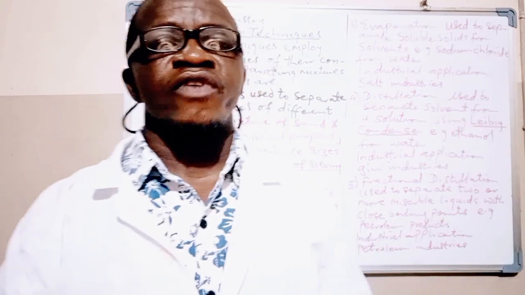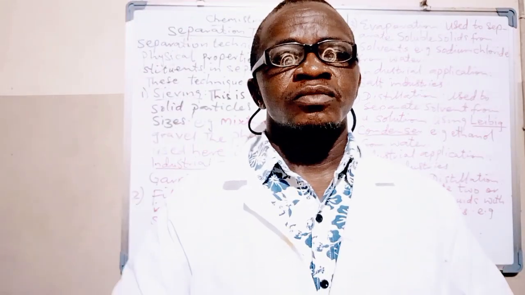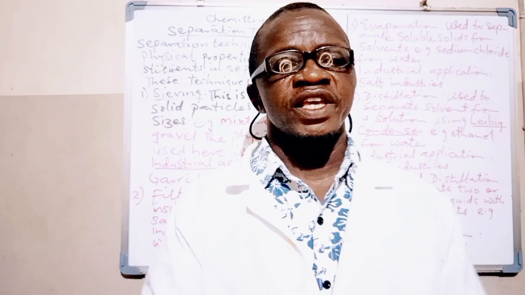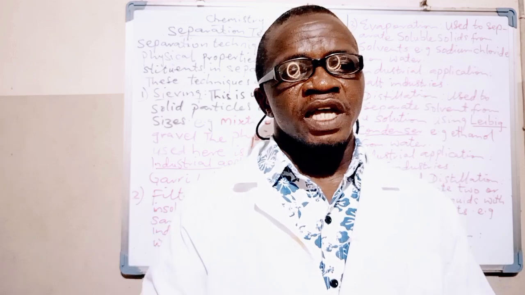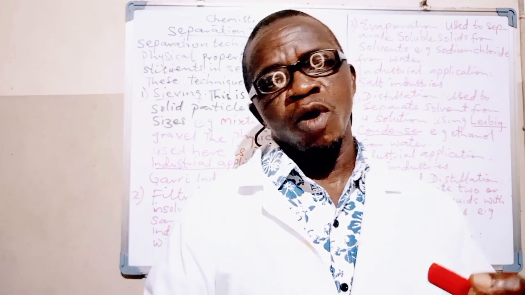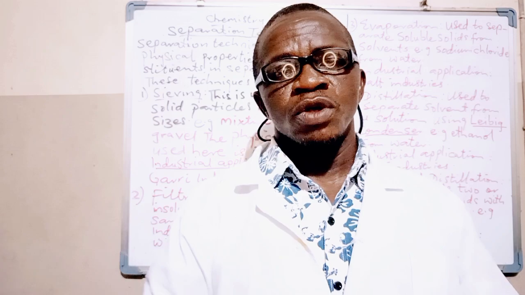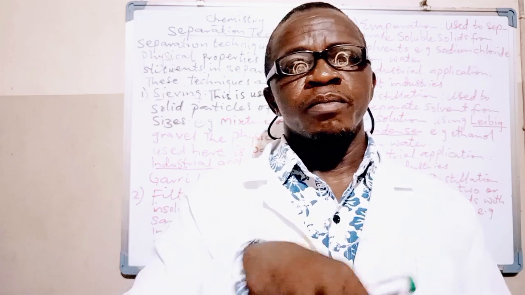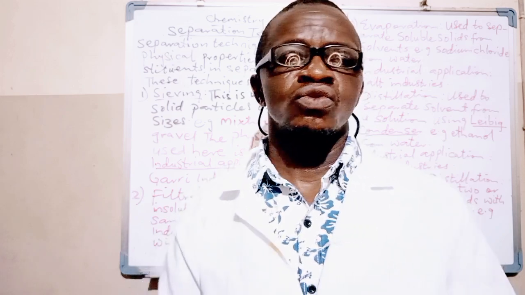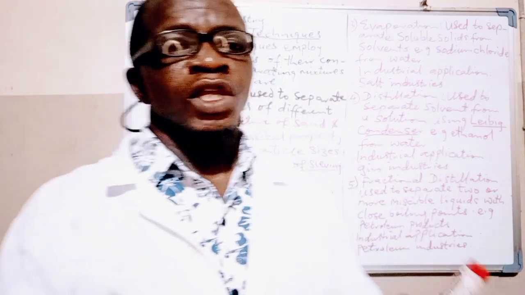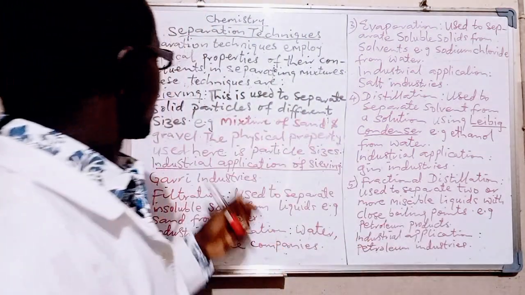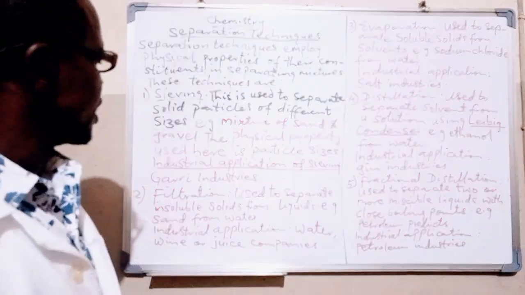In Gari, before you fry it, after you finish drying it, you sieve it. The soft and tiny particles that come under your sieve are what you use and fry. The bigger particles on top of it, you throw away. So, the industrial application of sieving is the Gari industry.